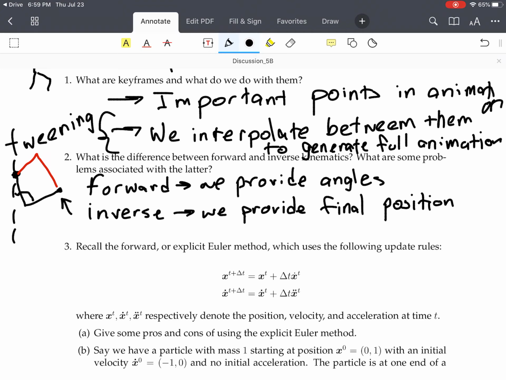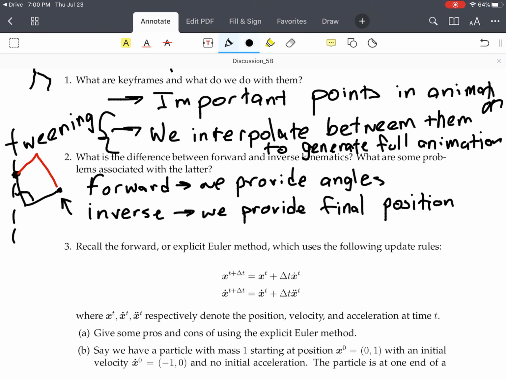right? Another issue is that sometimes there's no solution, right? Sometimes it's not possible, given the constraints of the joints, to find the angles necessary to get to a final position. And another problem is sometimes it's not realistic, right? So in the case of a hand, if we think about it, our elbows can flatten and kind of bend in so that your lower arm is touching your upper arm, but you can't go the other way, right?